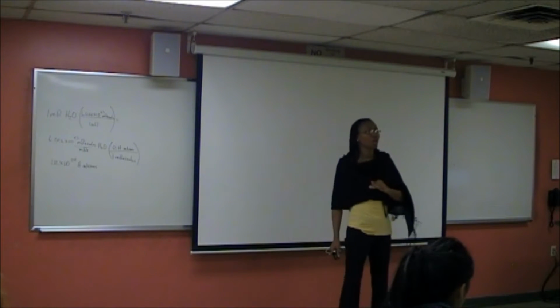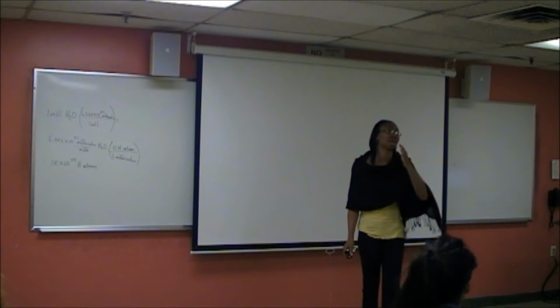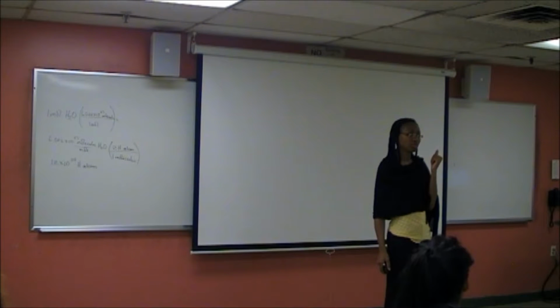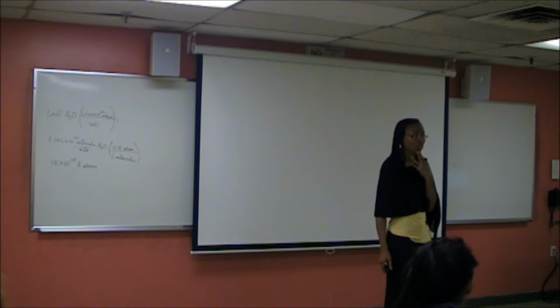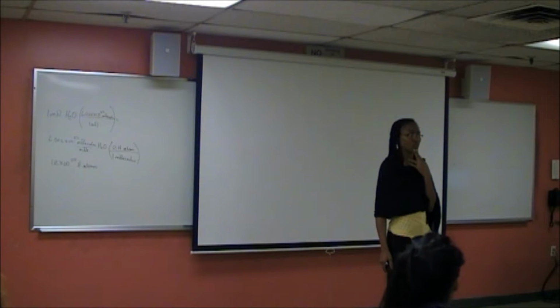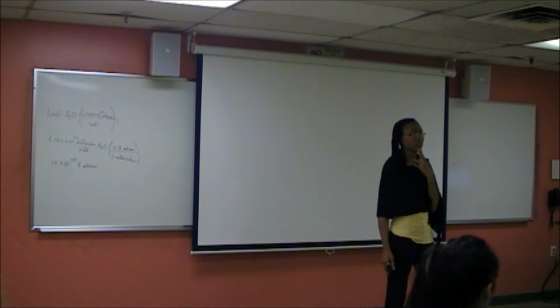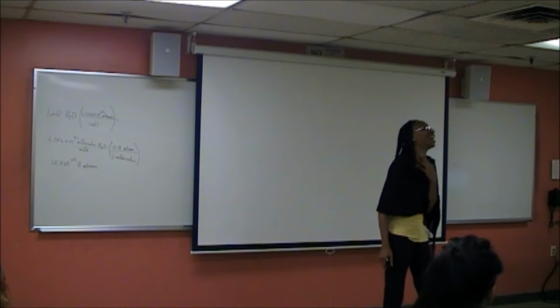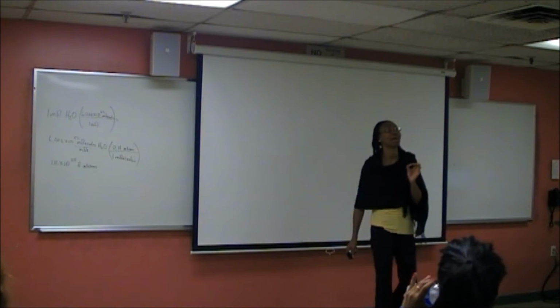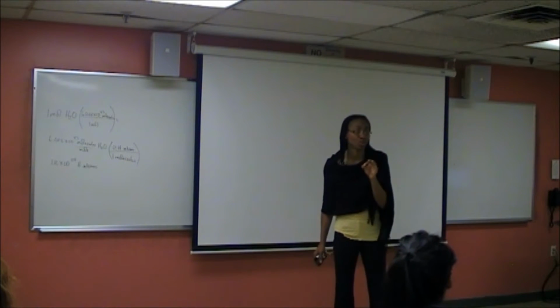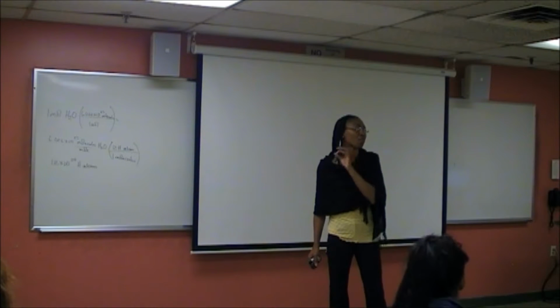So if one of your values is not 0.1 away from a whole number, what must you do? You multiply by the smallest integer that is going to give you a whole number, or a number 0.1 away from a whole number.